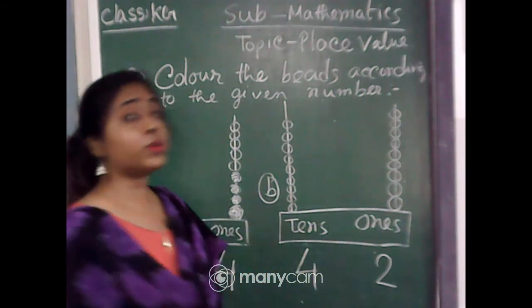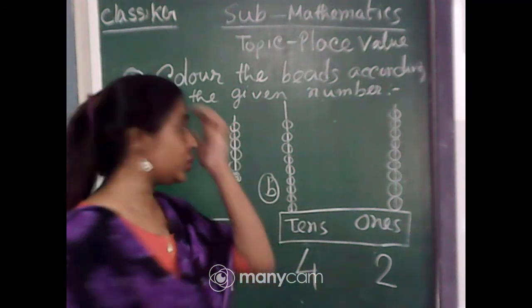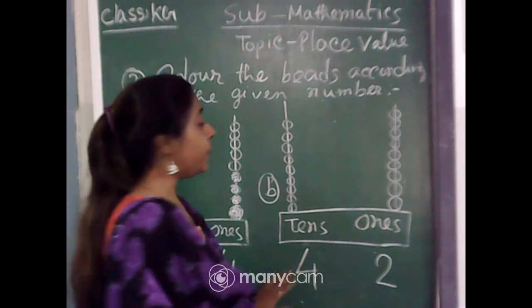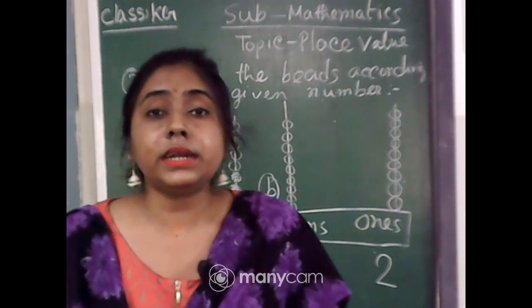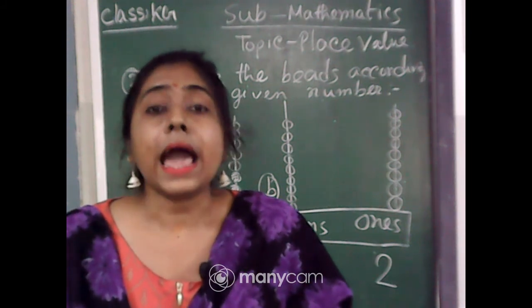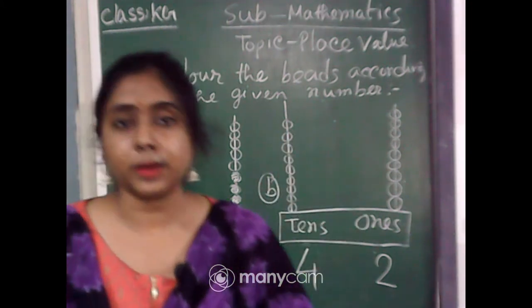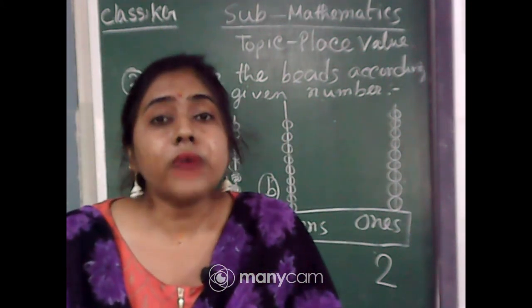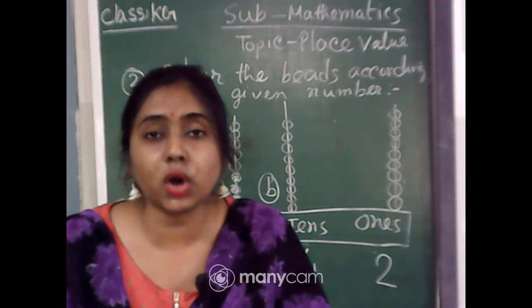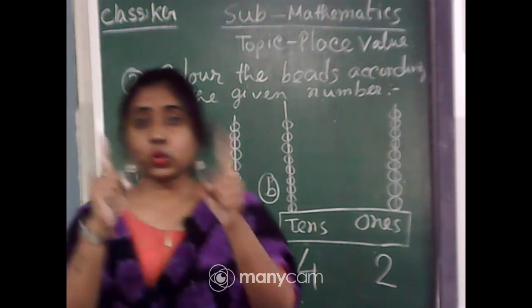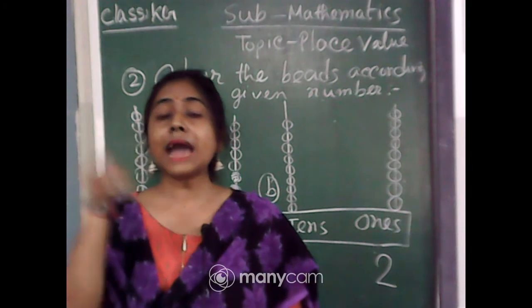Why am I drawing this and talking about this? Because you should see this very carefully. I have uploaded a worksheet, number 21, and there the question is color the beads according to the number. You have checked that in the worksheets I have drawn 2 rods. In each rod I have drawn 9 beads.